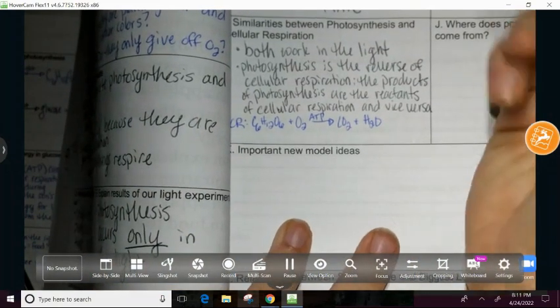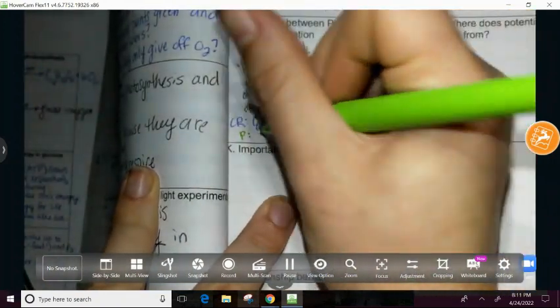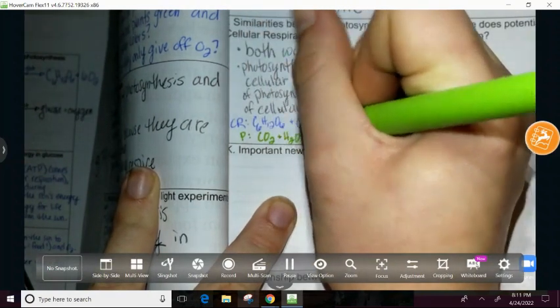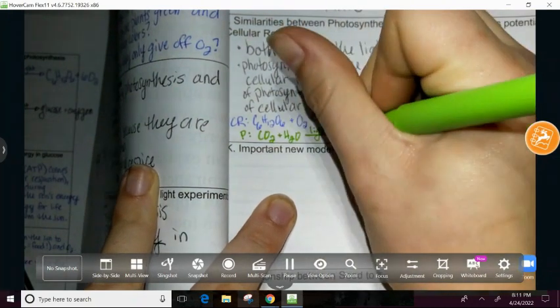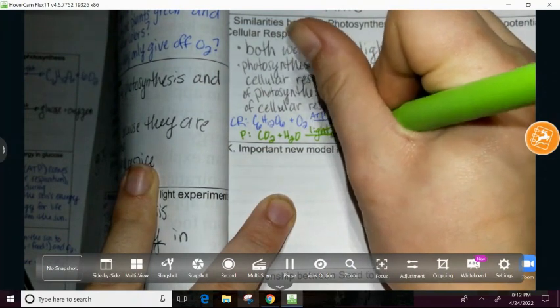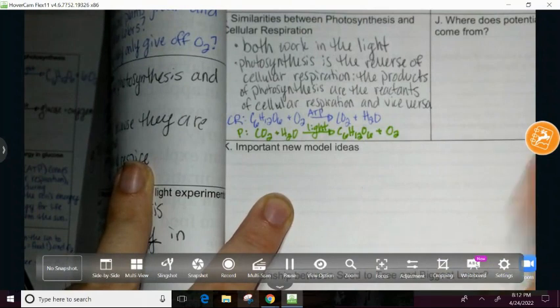And then photosynthesis is the opposite, where it takes in carbon dioxide and water with light to create glucose and oxygen.